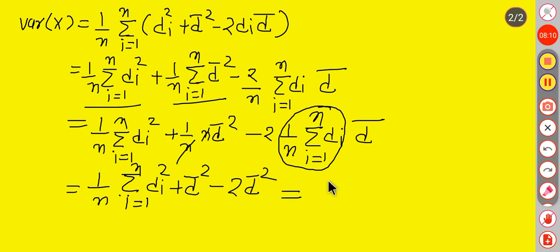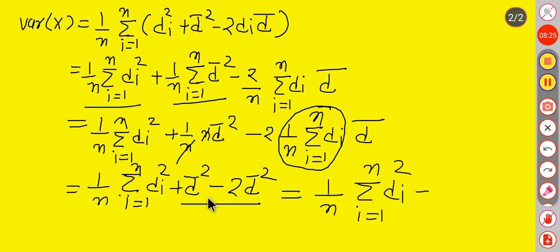Finally you will get 1 upon n summation over i from 1 to n of di whole square minus d bar whole square, because if you subtract 2 d bar square from d bar square, that would be minus d bar square.